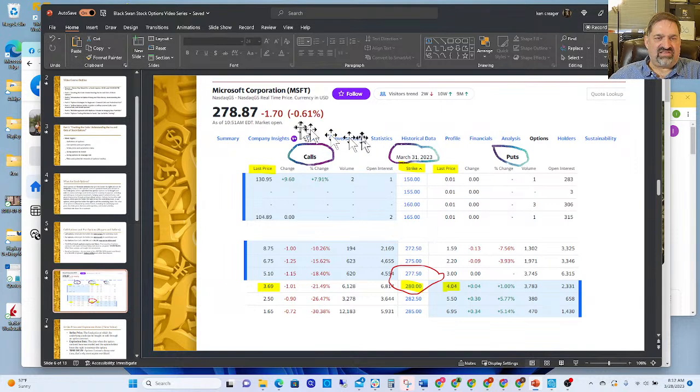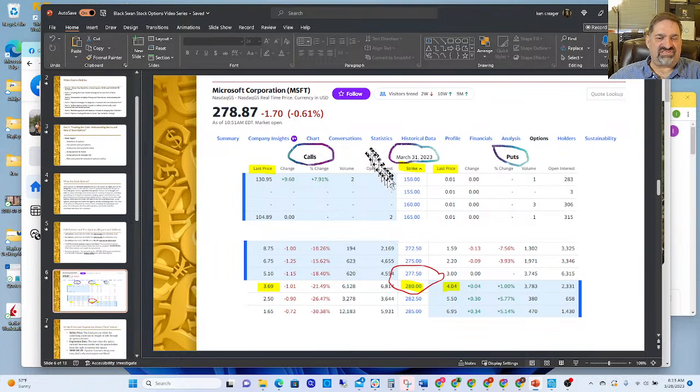Now, this is the right to sell. Say, for example, you owned Microsoft and maybe you bought it at 200 and it's run all the way up to 277 and you're kind of worried that it might go down. Or maybe they're going to do an earnings announcement tomorrow and you'll spend a few dollars and get some insurance.